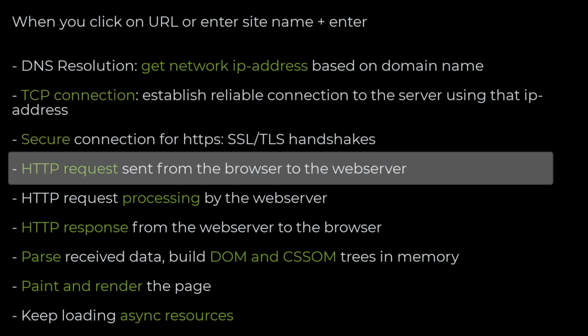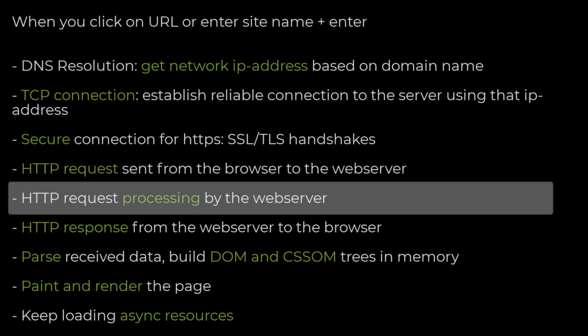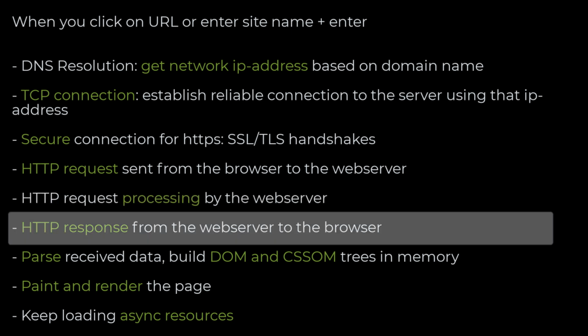Then the browser sends an HTTP request to the server requesting the web page content. The web server receives that request, processes it, and returns the HTTP response, which typically includes the response code, HTML, style sheets, JavaScript, images, videos, and other resources.